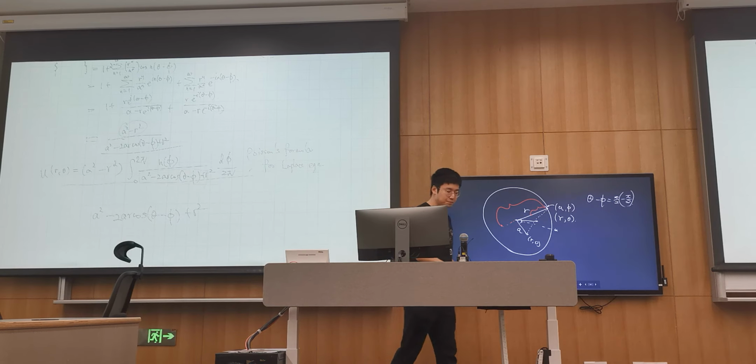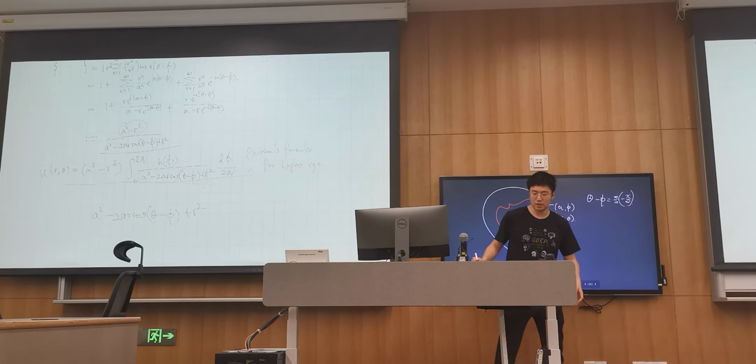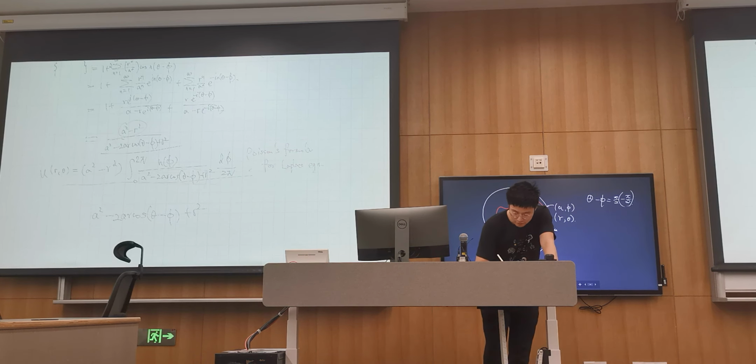So we have a very solid reason to suspect that this equals x minus x prime squared, where my x has polar coordinate r theta, and my x prime has polar coordinate a phi.